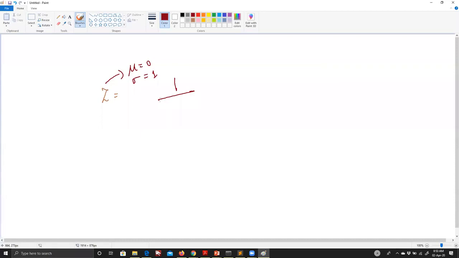It is 1 by sigma into root 2 pi. Sigma is 1, so you can ignore that. So 1 by root 2 pi, e to the power minus 1 half, into x minus mu by sigma.